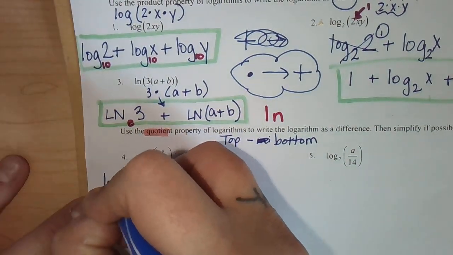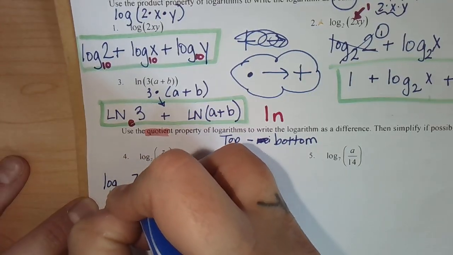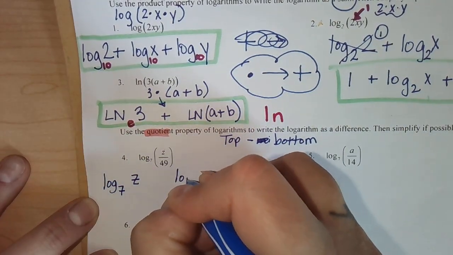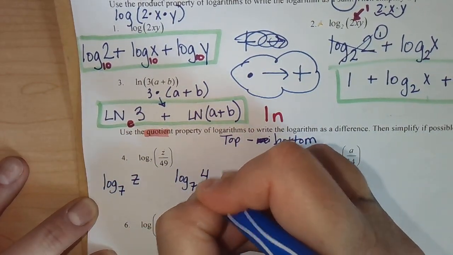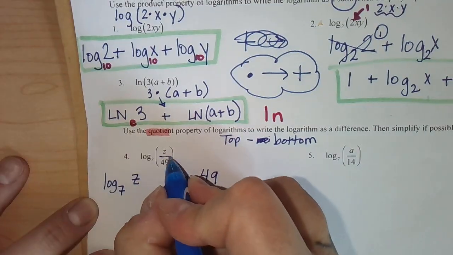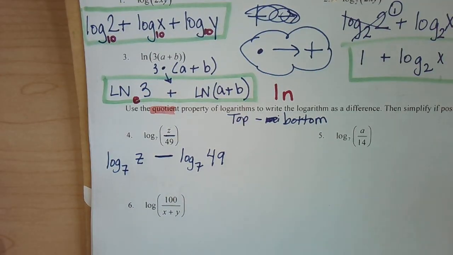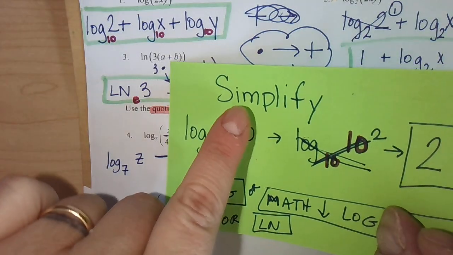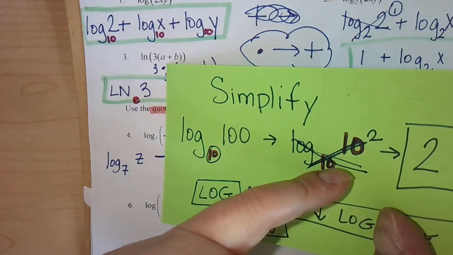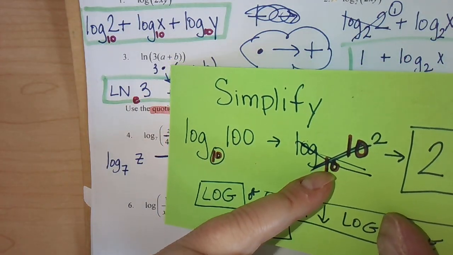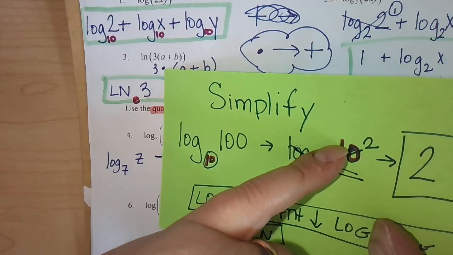So we're going to have log base 7, Z. Then log base 7, 49. And that division goes to a big fat subtraction. Okay, now let's see if we can do that whole simplifying witchcraft. Remember where the subscript number is the same as the big fat number?